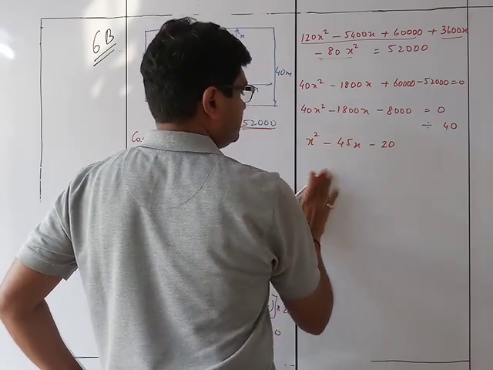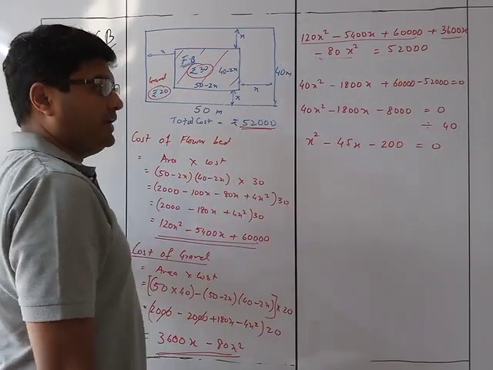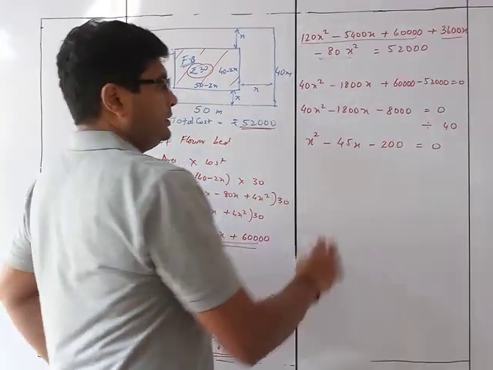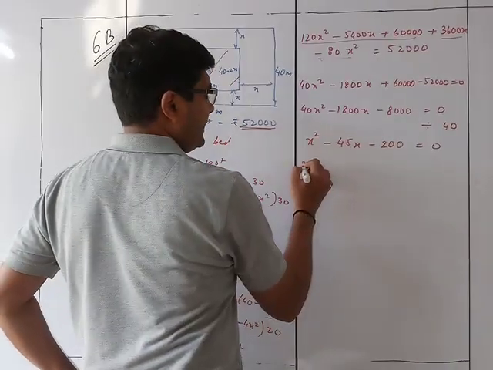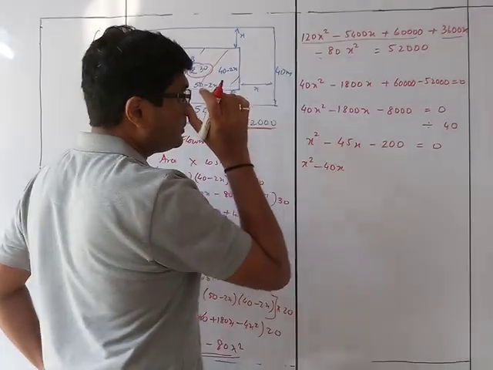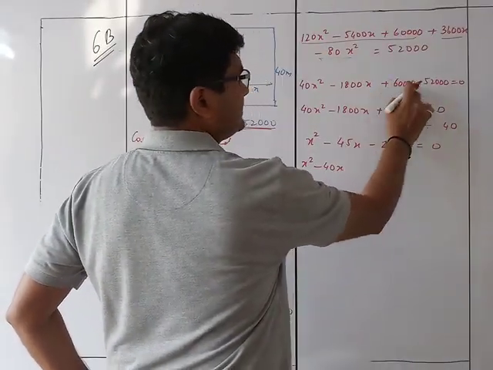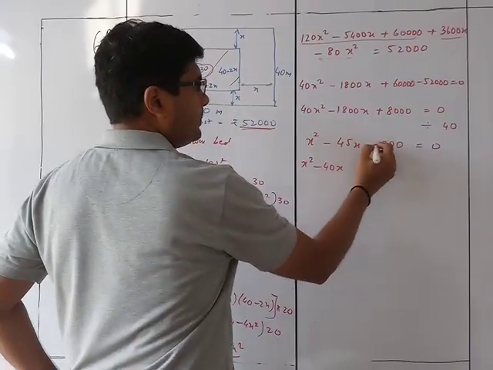So 40 into 5 is 200. So x square minus 45x, this will be plus, because this is 200, so plus 200.